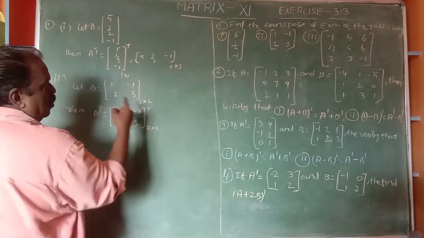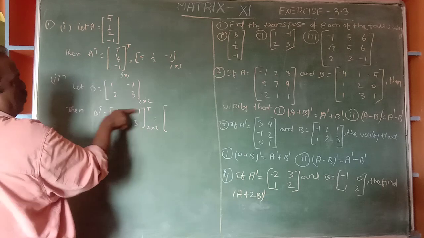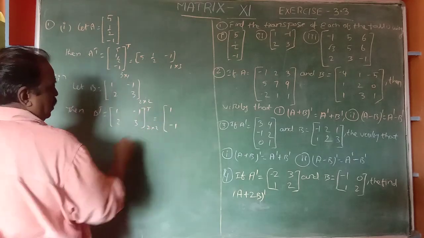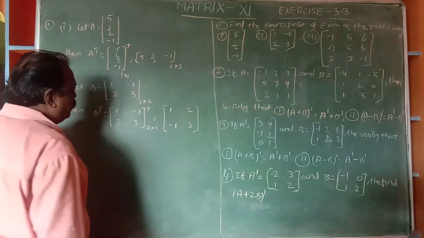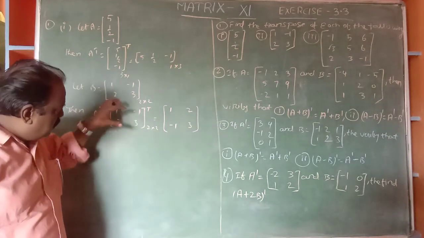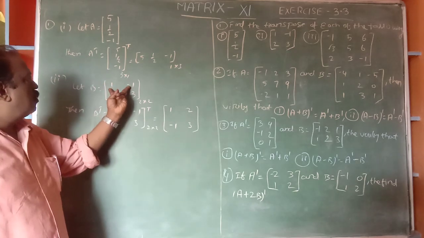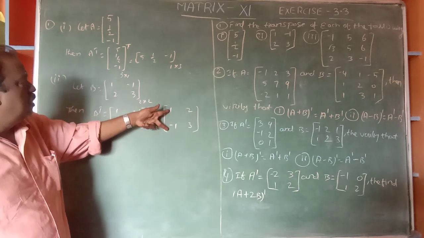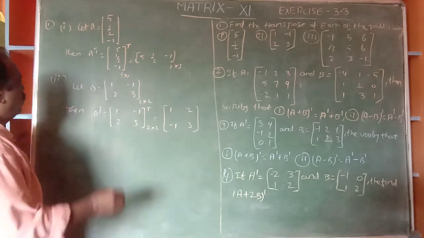We can write like that also. The row will be changed as the column; the second row will be changed as the second column. Without mentioning this notation, directly we may write it: B transpose is, the row will become the column, the second row the second column. Like that also we can write.